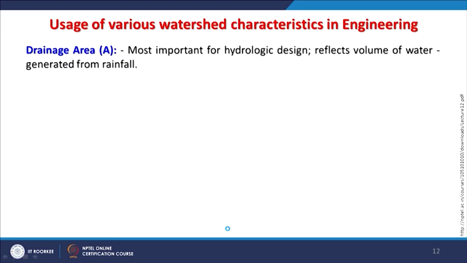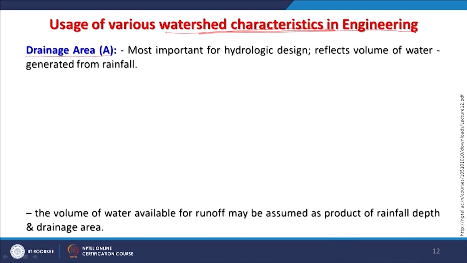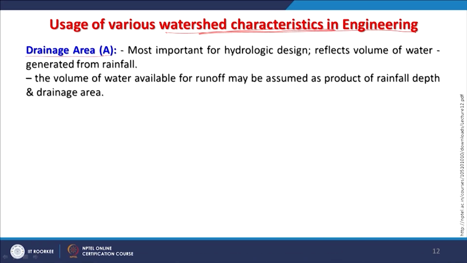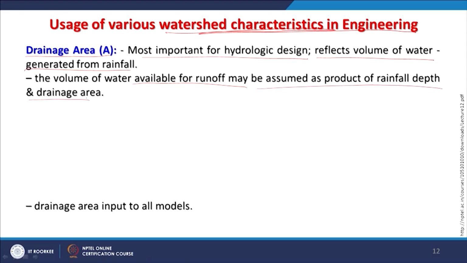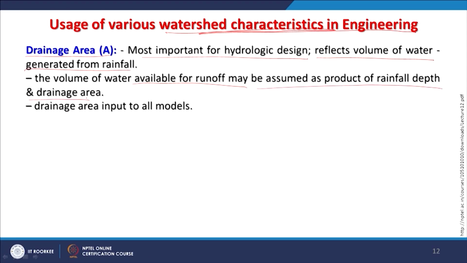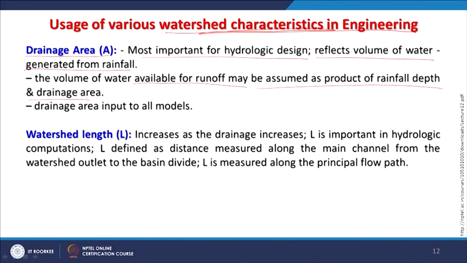For example, watershed characteristics which are used in engineering or in earth sciences and hydrology, like drainage area, again very important. That is the area being covered, which is most important for hydrologic design and reflects the volume of water generated from the rainfall. The volume of water available for runoff may be assumed as the product of rainfall and drainage area. Drainage area is an input to all models, and is always required.